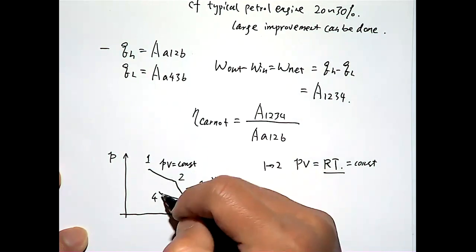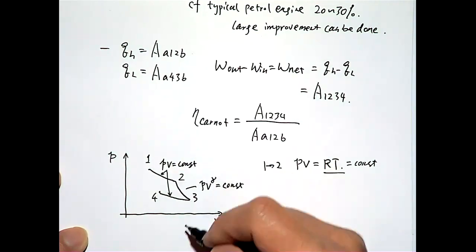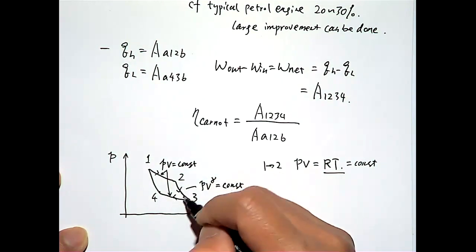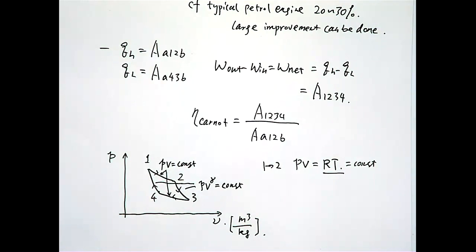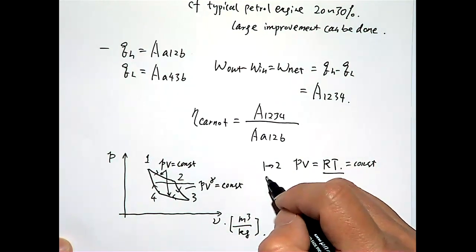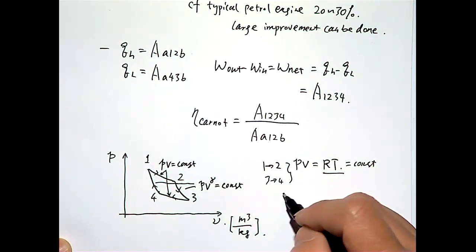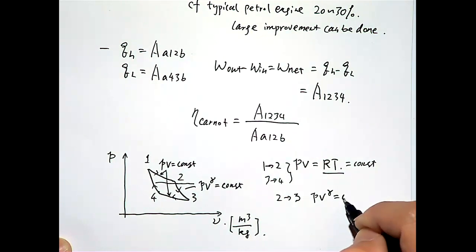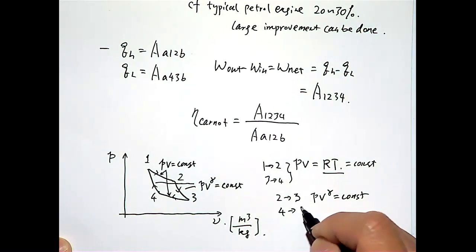State 4, which is also constant temperature, and then 4 to 1 is isentropic again, so which is also PV^gamma equals a constant. So 3 to 4 is isothermal, and 2 to 3 is PV^gamma constant, and 4 to 1 is also the case.